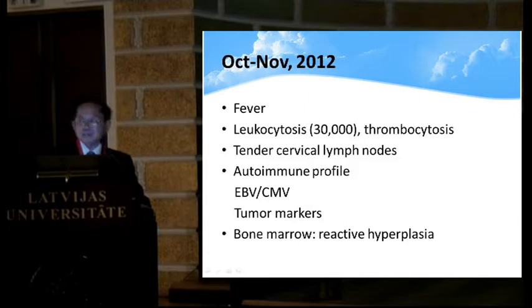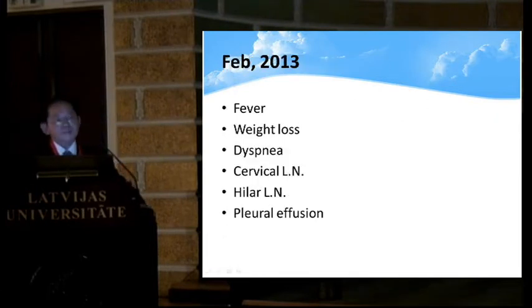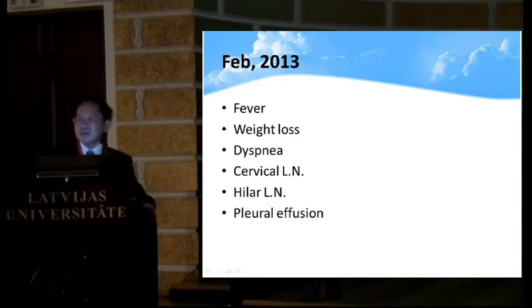She had a drug eruption to the Plaquenil, so she decided she didn't want to take the medicine anymore. She went home, and after Christmas and New Year, in February, she came back to another of our university's hospitals.